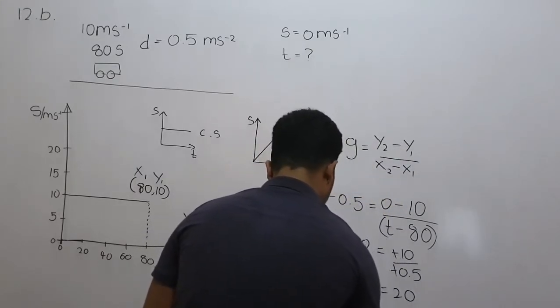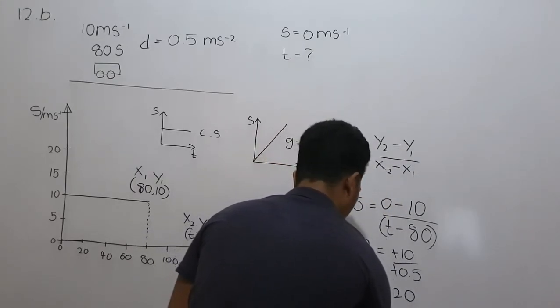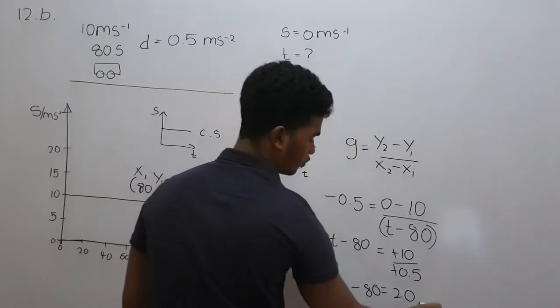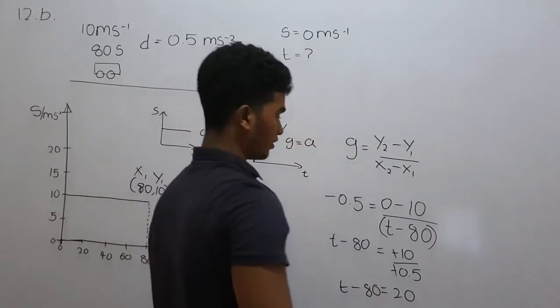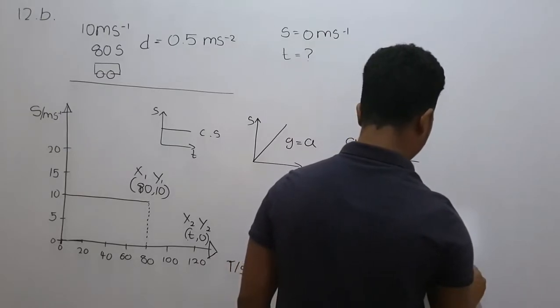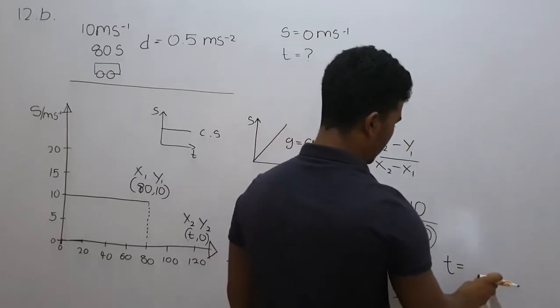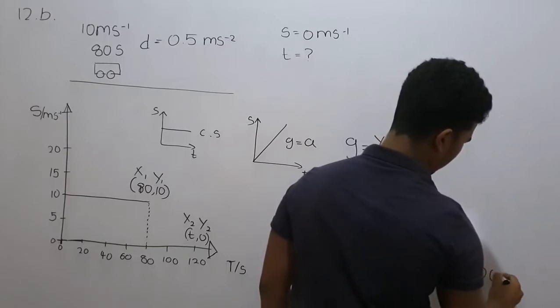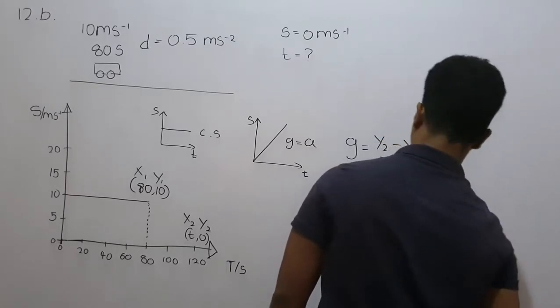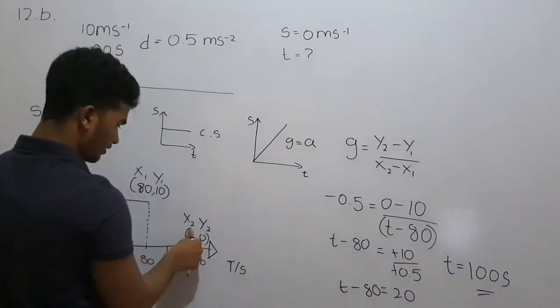So t minus 80 equals 20. Take minus 80 to this side, it becomes plus 80. So you're getting t as 20 plus 80, 100 seconds. So it comes to rest at 100 seconds. We found our t value as 100.